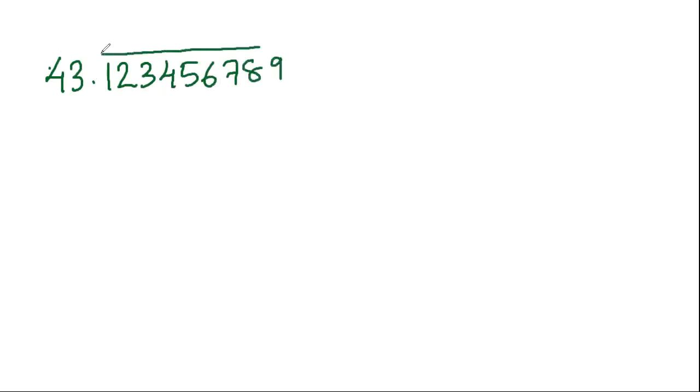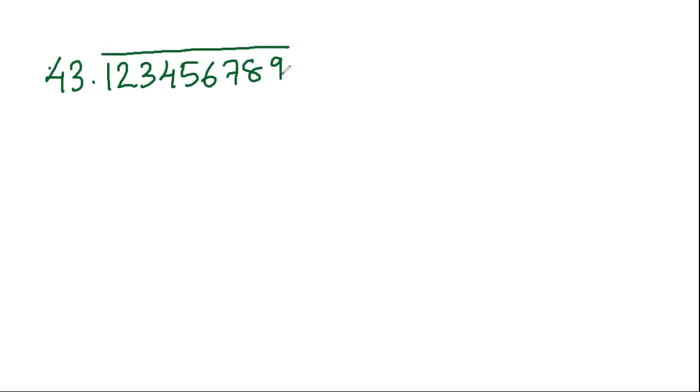The next question is given as 43 point repeating block of digits, that is 1, 2, 3, 4, 5, 6, 7, 8, 9. Here the block of digits from 1 to 9 is repeating.